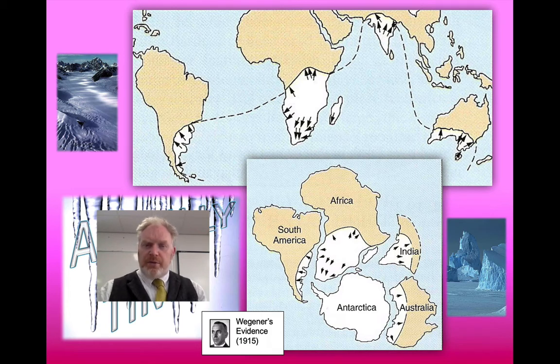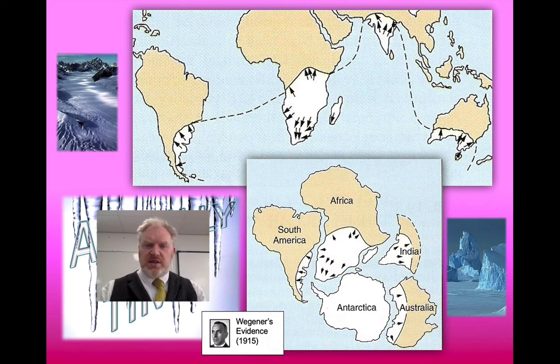You might remember that from theme 4. Also, they scratch the bedrock as they move, and we can actually work out the direction that the glaciers must have moved. We find glacial sediments and glacial scratches across all of these continents in the distribution we can see there.